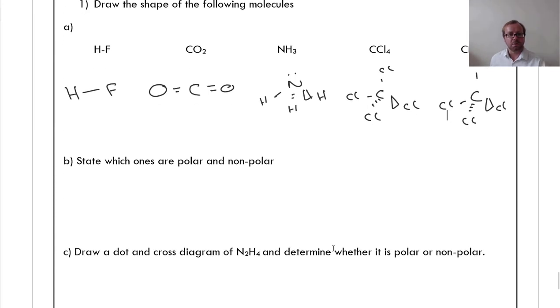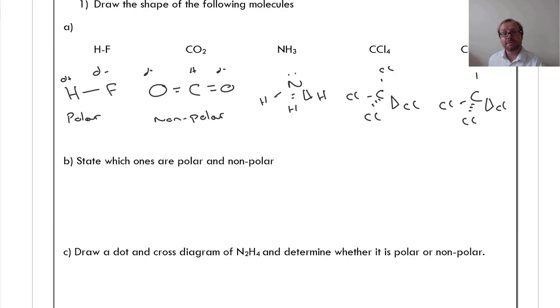State which ones are polar and non-polar. Well, we know there's a big difference in electronegativity here, so this would be polar. For carbon dioxide, this would be delta negative, delta positive, delta negative, but they're pulling in opposite directions, therefore it would be non-polar.